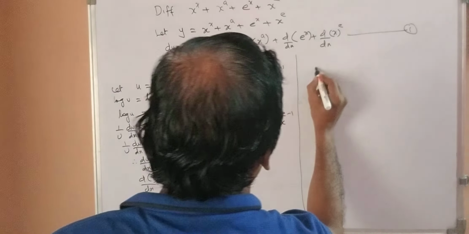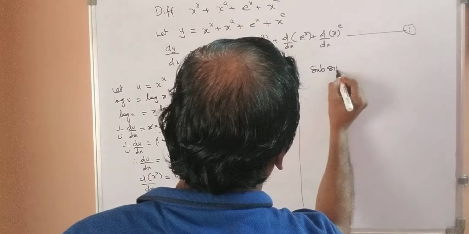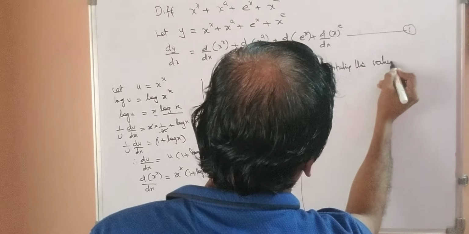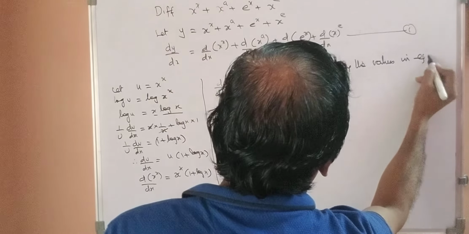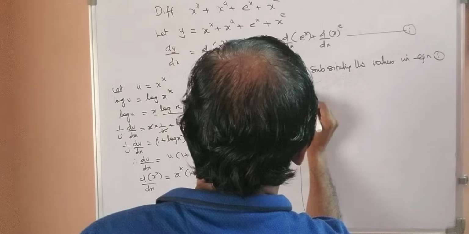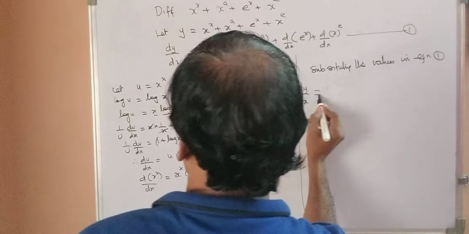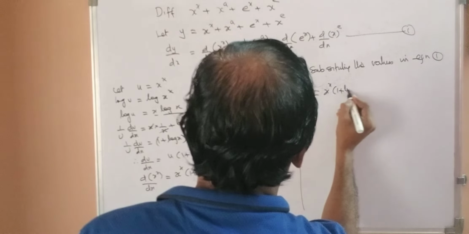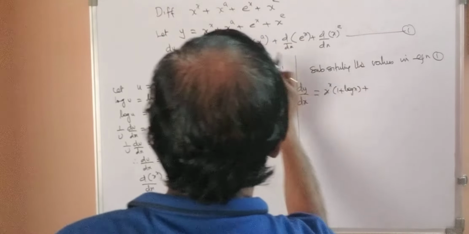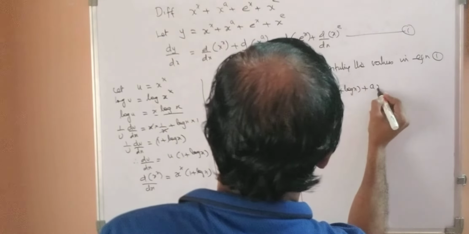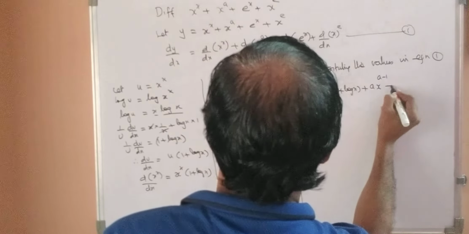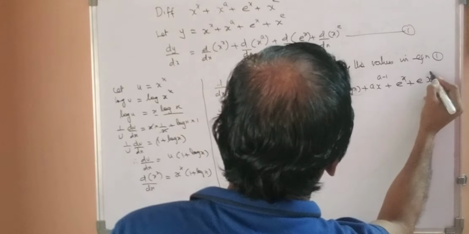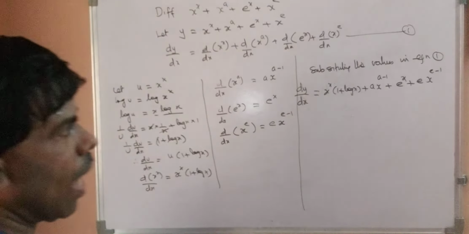We will substitute the values in equation 1. What will we get? dy by dx equals x to the power x into 1 plus log x plus a into x raised to a minus 1 plus e raised to x plus e into x raised to e minus 1.